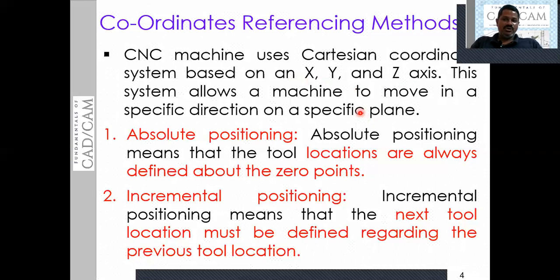We will provide the X, Y, Z coordinates to control the movements of the tool and of the table.